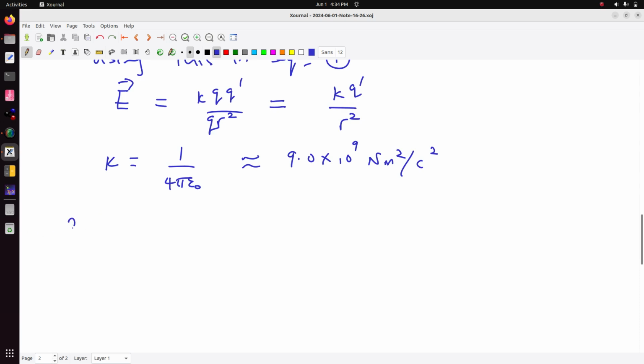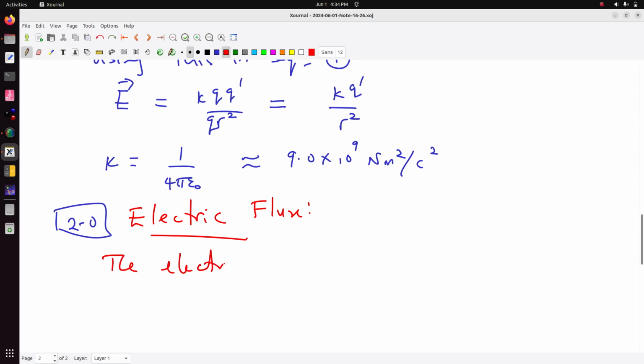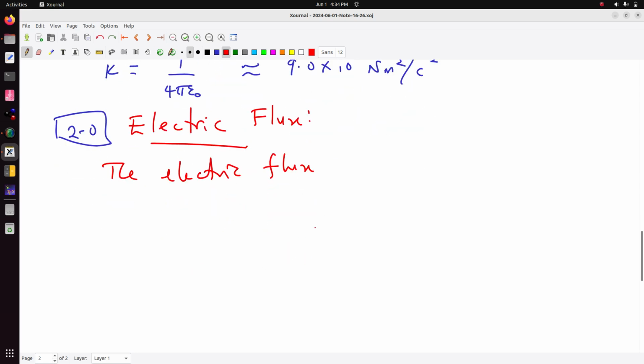So next, 2.0. Electric flux. Now, I'm going to use capital letter phi as my electric flux. So it can be defined.